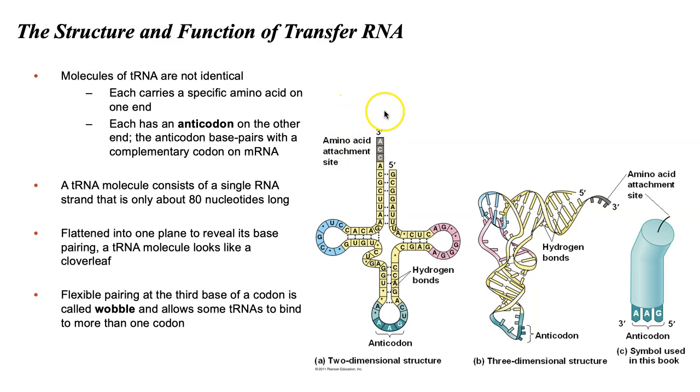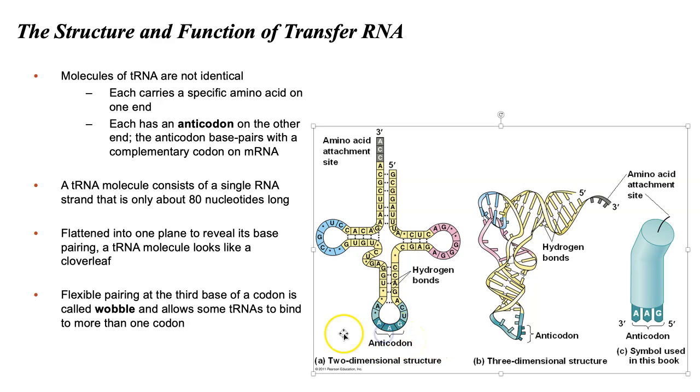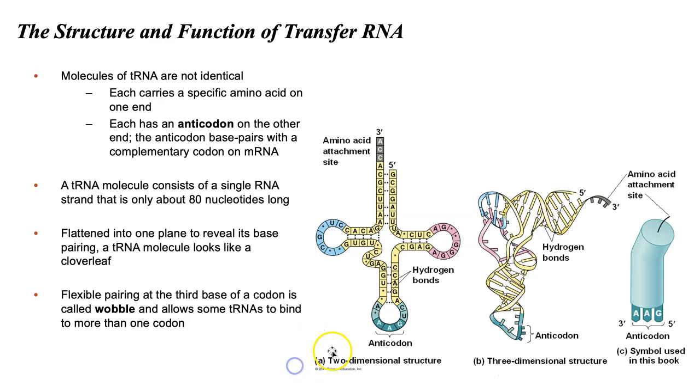The 3' end is going to grab onto the amino acid. The 5' end is over here. And down here at the bottom is where the anticodon is. It's 3 base pairs. Here it's AAG. And here's the other representation, the cartoon representation of the tRNA. Again, AAG, 3' to 5' here.